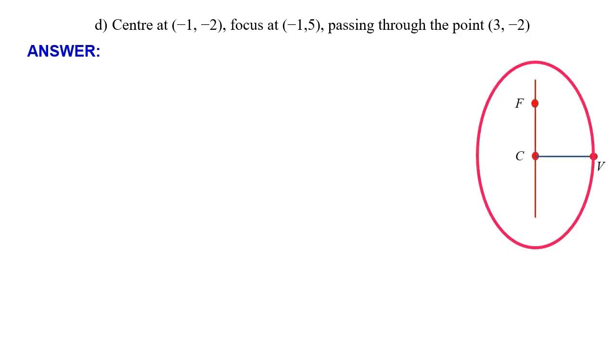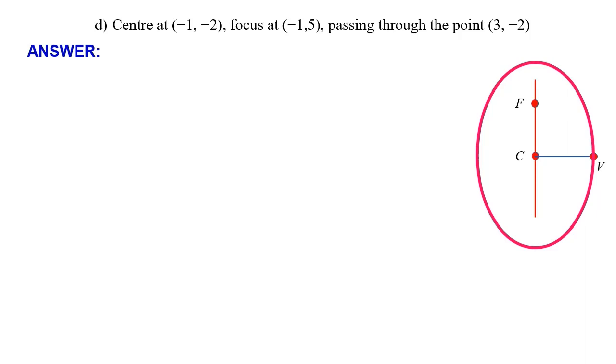Also notice that the point it passes through, (3, -2), has the same y coordinate as the center. It means the point is actually one of the minor vertices, so I put it here on the right of the center.